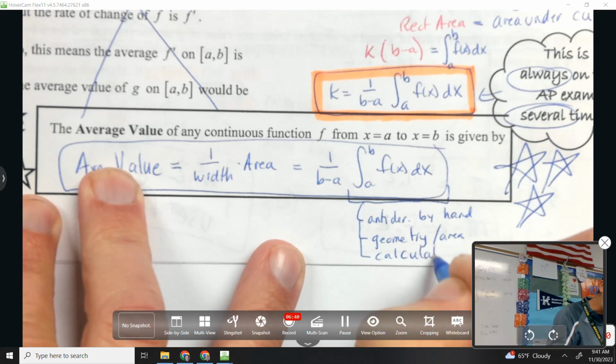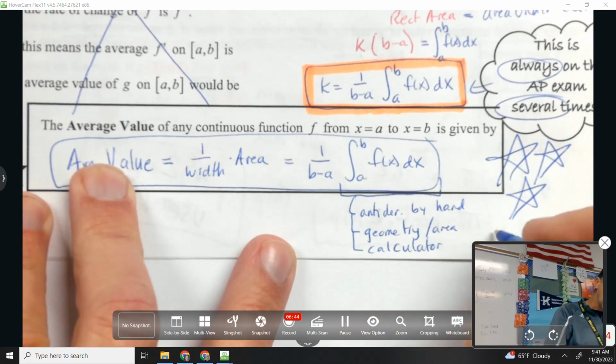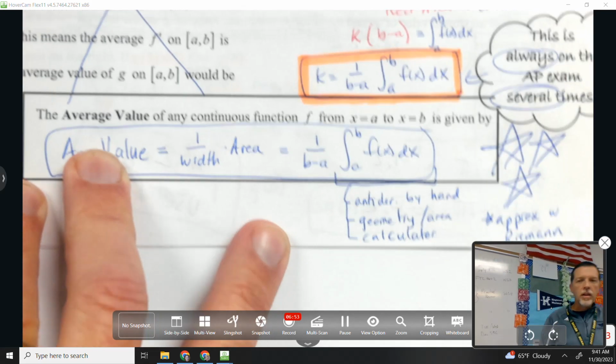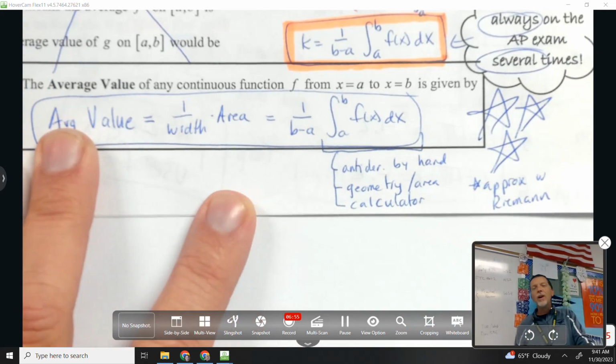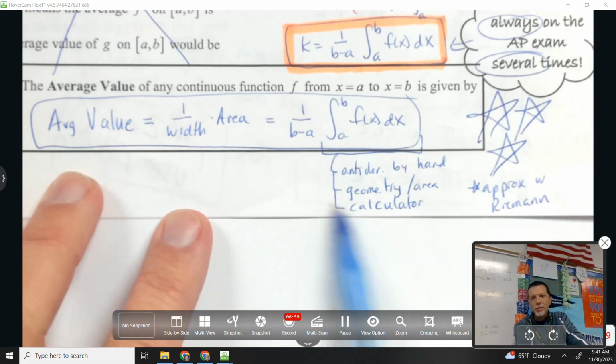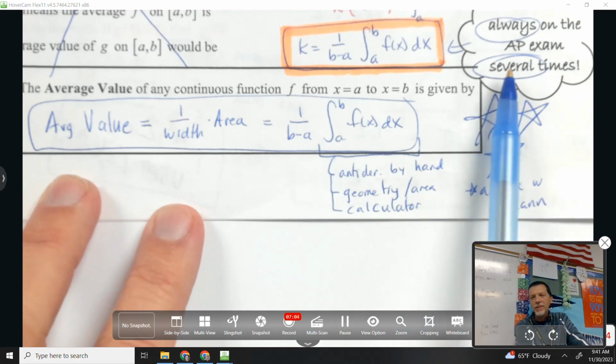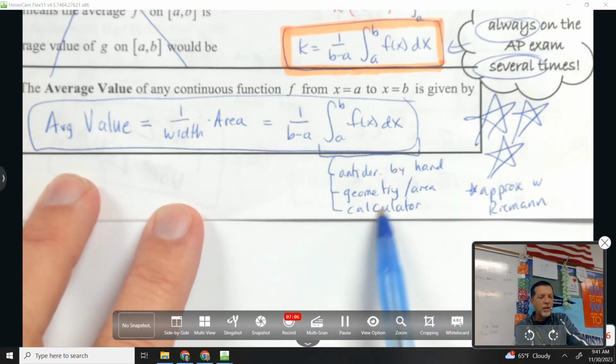Sometimes we can use the calculator, and we could also approximate it with a Riemann sum. So there are lots of ways they can combine average value questions with all this other stuff, and that's why it's a frequent flyer on the free response section. It's because they can ask one thing and cover multiple topics with it.